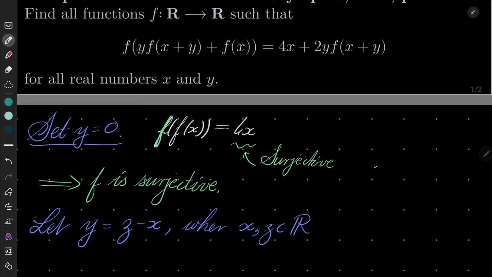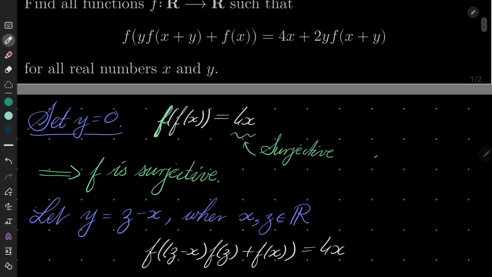Now we get the following: f of z minus x times f of x plus y, which becomes z, plus f of x equals 4 times x plus 2 times z minus x times f of z.